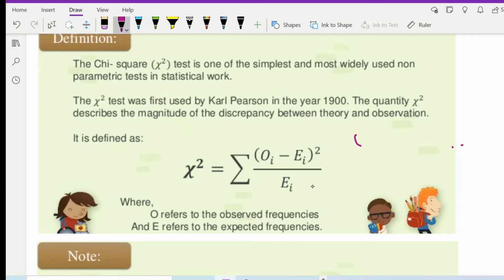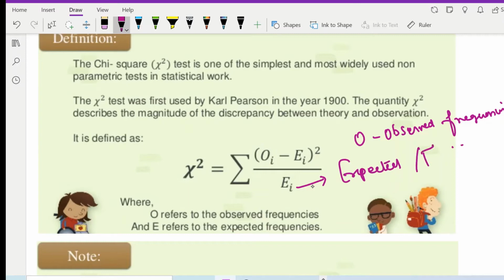Here, Oi represents the observed frequencies and Ei represents the expected or theoretical frequencies.